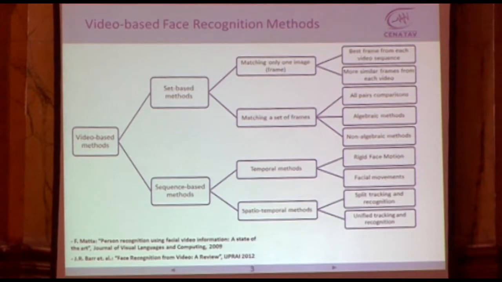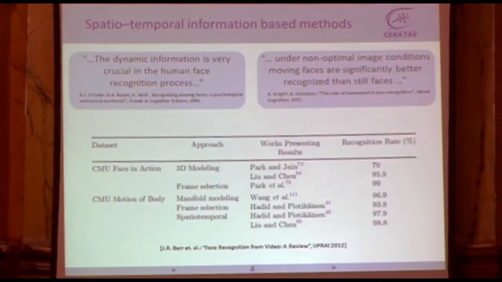Specifically, there are some reviews of video face recognition methods, and it has been seen that the spatiotemporal methods report better results, showing the importance of considering both the appearance and the temporal information in the face recognition process.